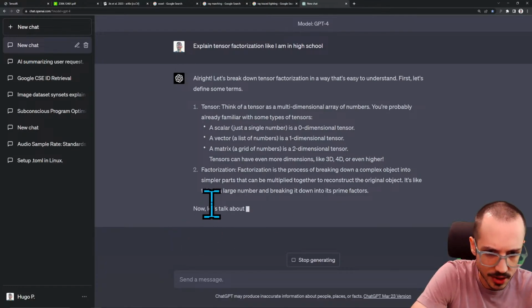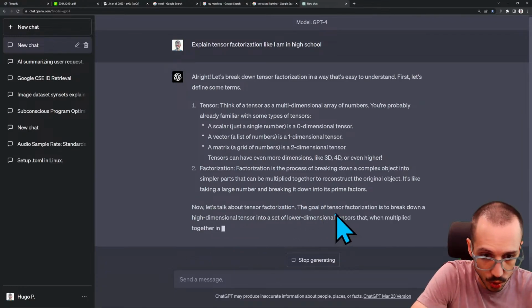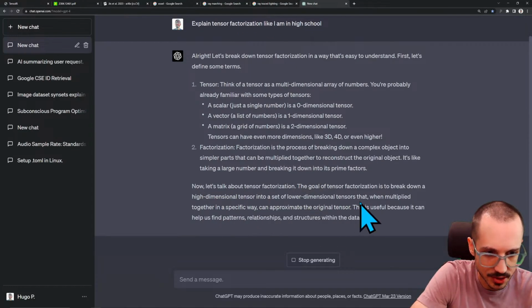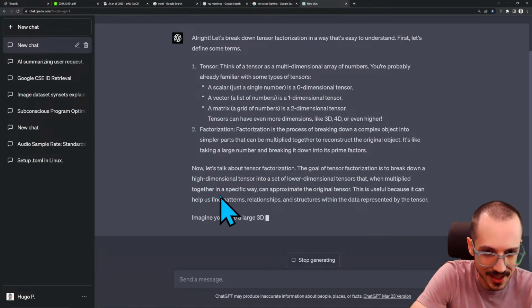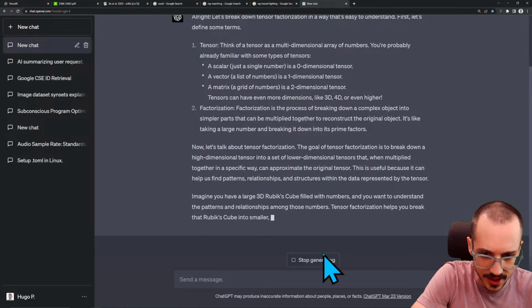It's like taking a large number and breaking it down into its prime factors. The goal of tensor factorization is to break down a high-dimensional tensor into a set of lower-dimensional tensors that, when multiplied together in a specific way, can approximate the original tensor. And here it has a little analogy for us based on a Rubik's Cube.